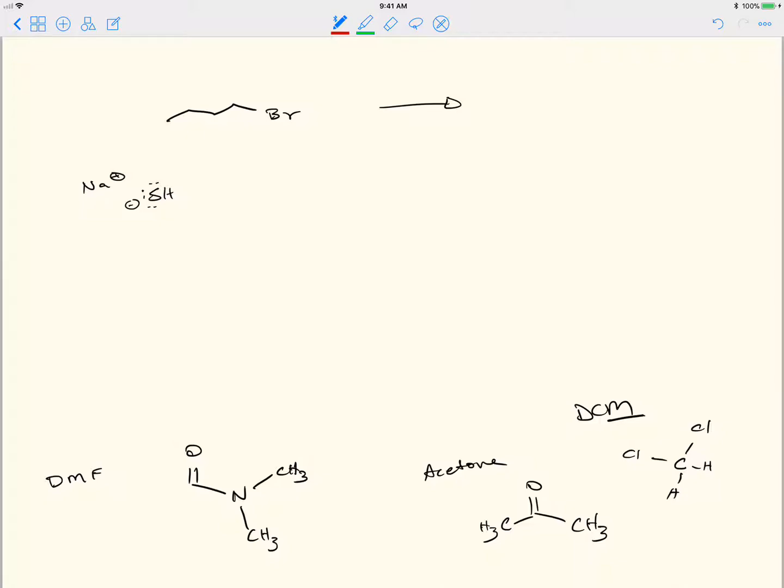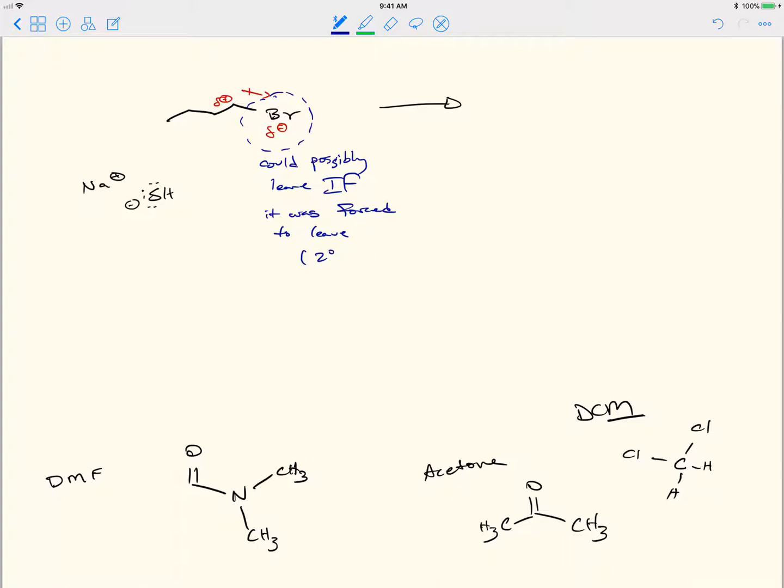So I've identified my electron poor spot. I've identified my leaving group. I'm sitting here going, man, this could possibly leave if it was forced to leave.